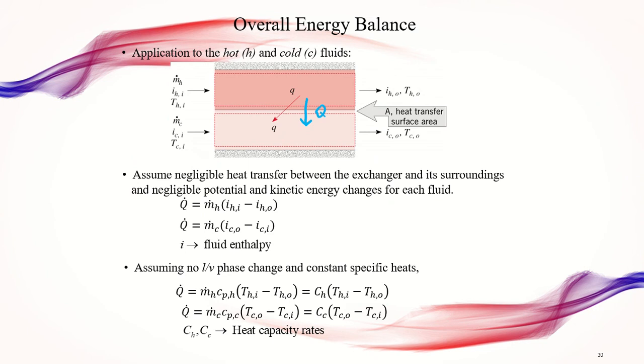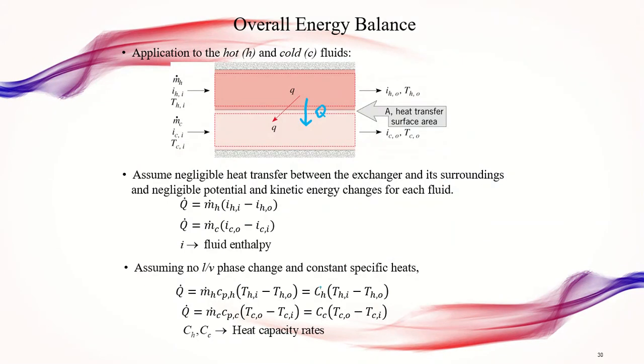Therefore, we can get the overall energy balance of each stream as this, where i is the fluid enthalpy, and if we assume there is no phase change and constant specific heat, we're going to get this.